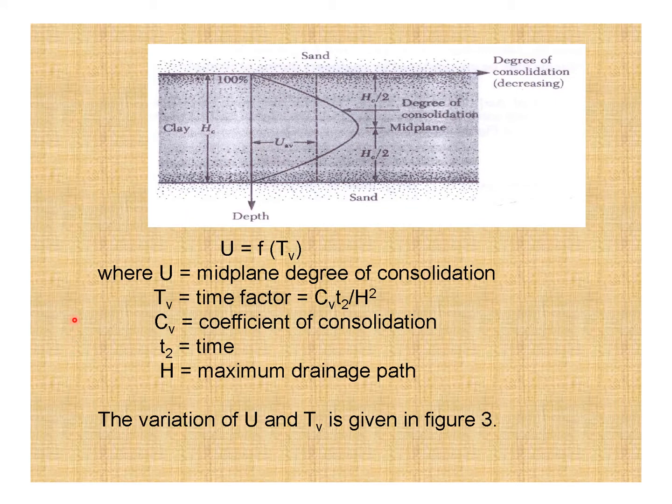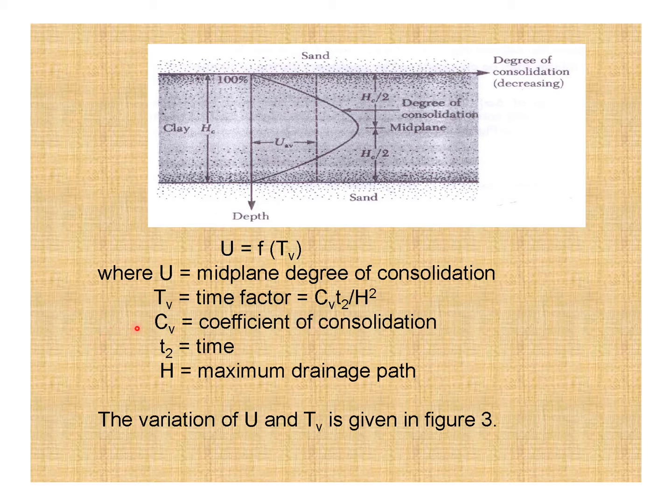So in this way you can see that this degree of consolidation is a function of time factor. U is the function of time factor, this T sub V. So you can see here U means the mid-plane degree of consolidation, T sub V the time factor, and you know that is CV t2 over H square.